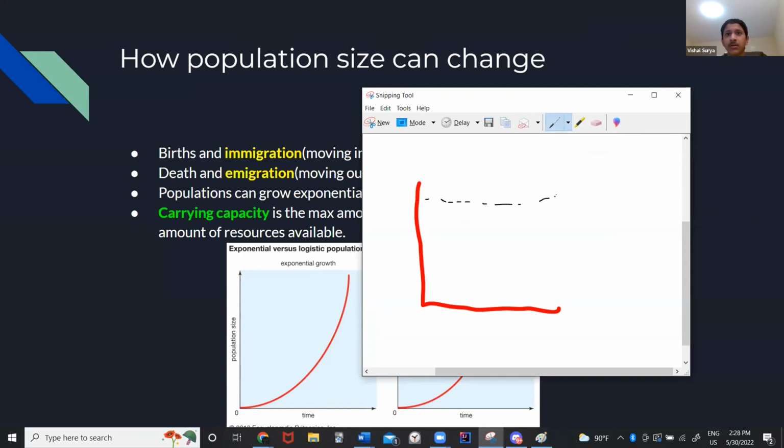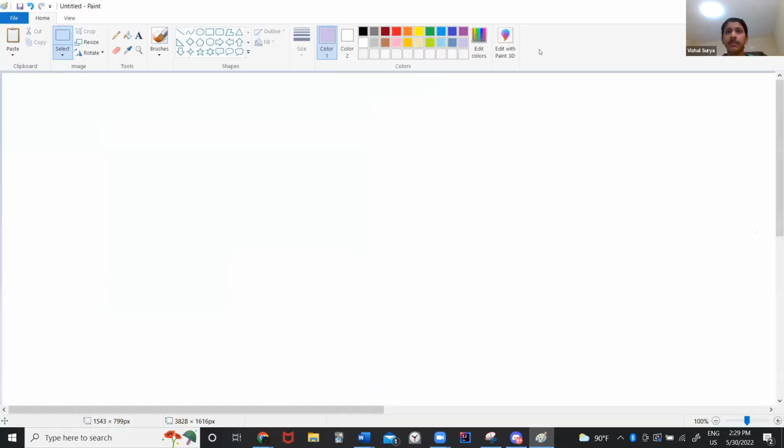Here, this is not a good line, but we'll describe it as K for now. Actually, I can just use Paint. Yeah, I could probably use Paint. That's probably better. I'll probably draw a lot better on Paint. Let's get this deleted. Okay, so right here, let's use Paint.